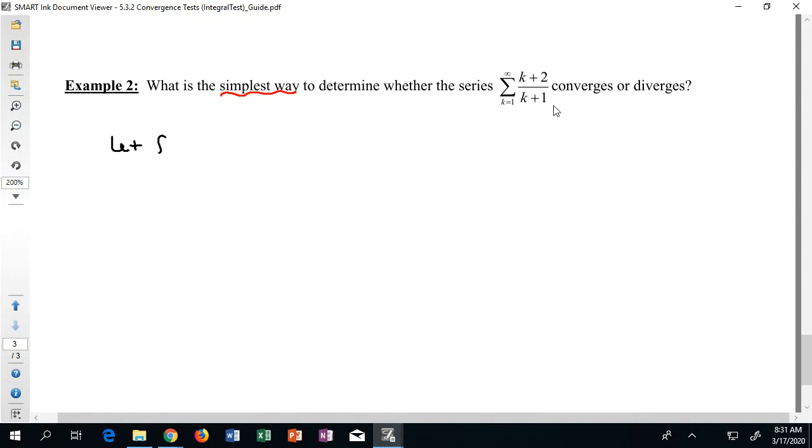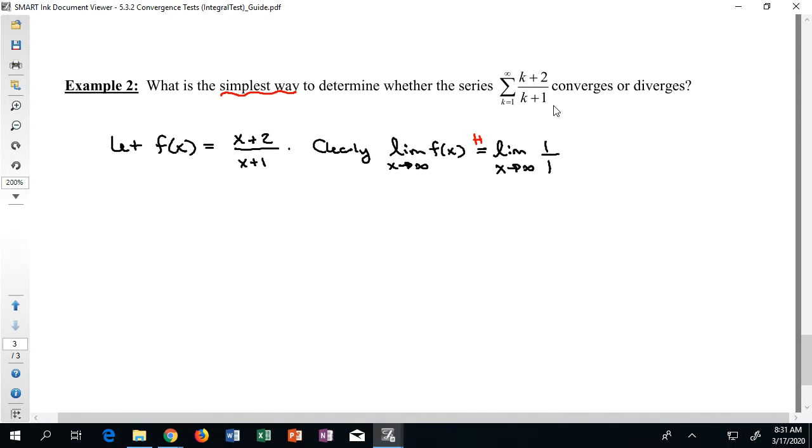I'm going to go ahead and think about the matching function that I actually have here. So I have f of x equal to x plus 2 over x plus 1. Then I'll say that clearly the limit of f of x as x approaches infinity, by L'Hopital's rule, should be able to be simplified to a limit as x approaches infinity of 1 over 1, which is 1.